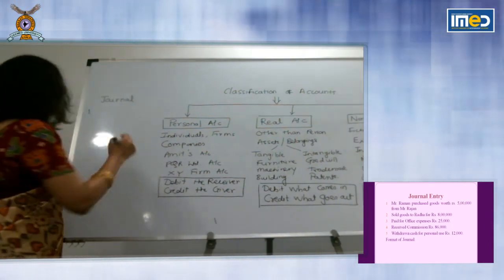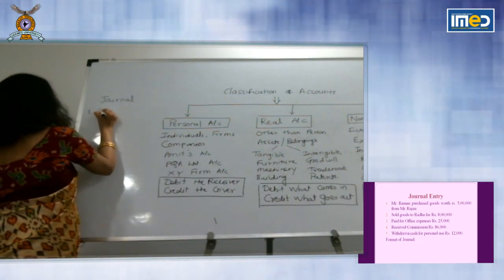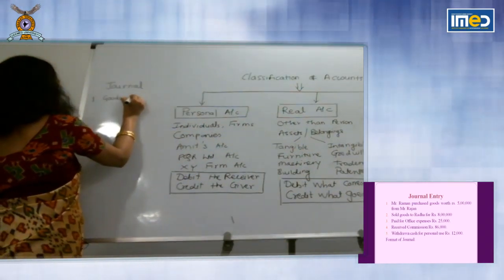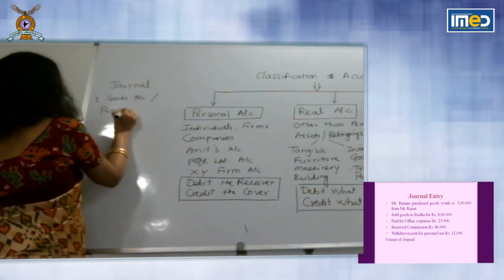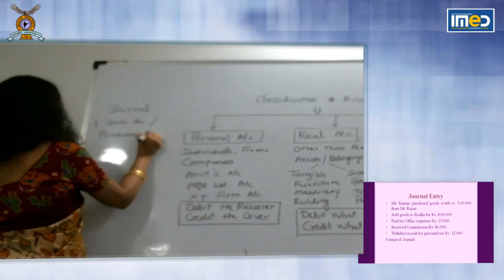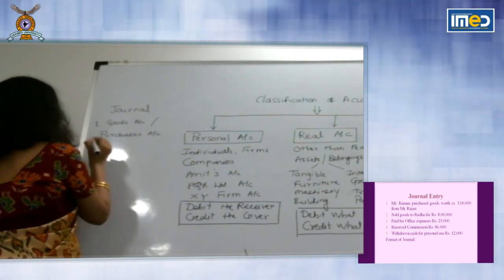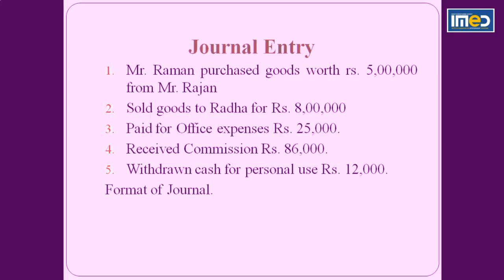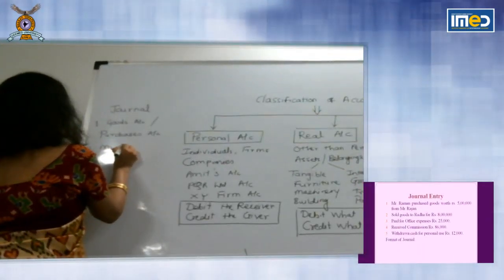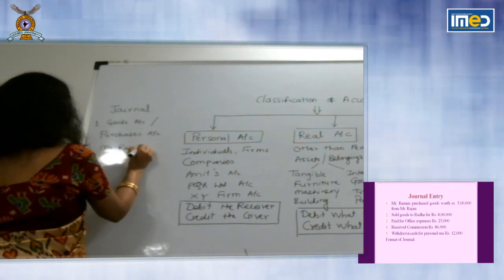Purchased goods, so it is goods account or purchases account. The second account involved is Mr. Rajan. He has purchased goods from Mr. Rajan. So it is Mr. Rajan's account.